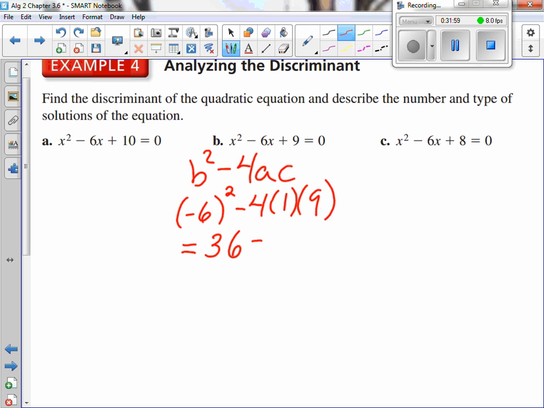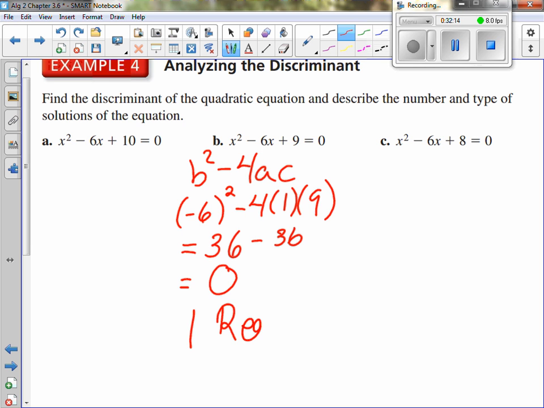Well, 4 times 9 is 36. So this here is equal to 0. Since the discriminant is equal to 0, what do we have? How many solutions do we have? And it is a real solution. One real solution. And that's how we would use the discriminant to find out the number and type of solutions we would have.